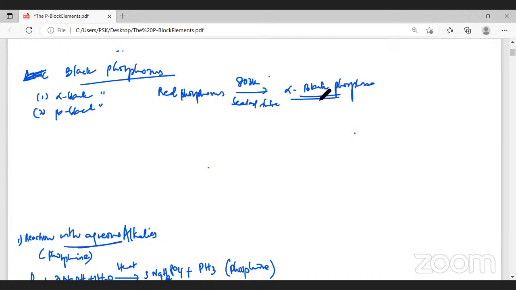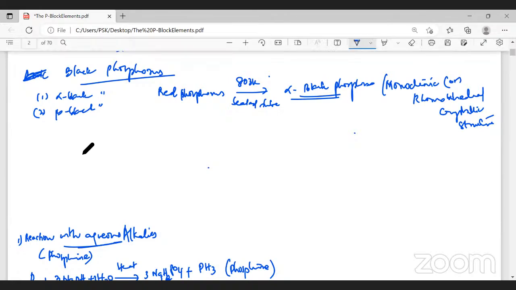This alpha black phosphorus has monoclinic geometry. Monoclinic, in the solids chapter we would have learned, or this is also having a rhombohedral crystalline structure. It is formed by heating red phosphorus at 803 Kelvin in a sealed tube.